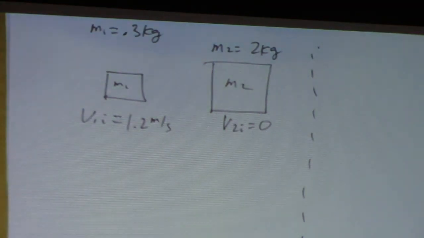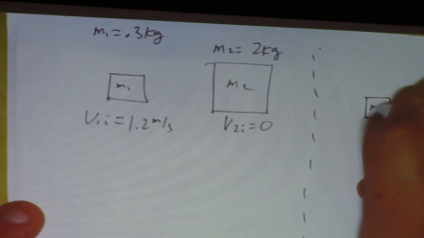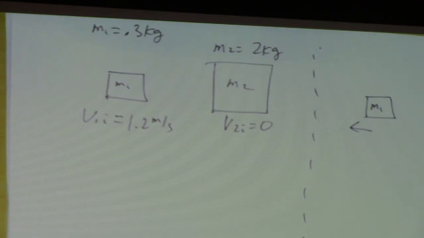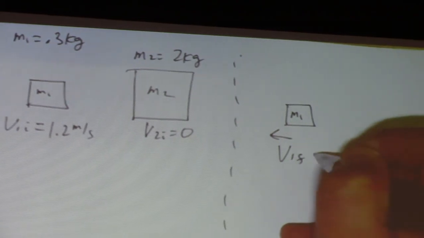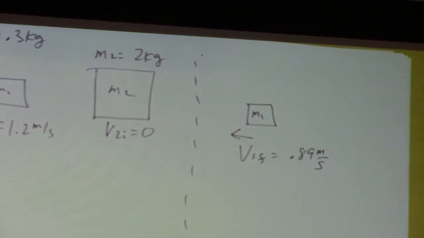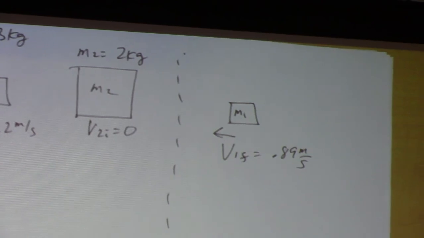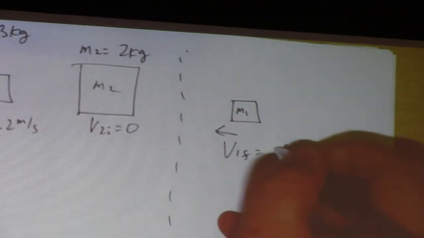So this is initially what's going on. That's before the collision. Now after the collision, mass 1 heads back the other way, and its speed is 0.89. So I'm going to put V1 final, 0.89. Now it's heading back the other direction, so you have to know that that's negative, right? Momentum is a vector quantity. If I'm saying to the right is positive, then back to the left has to be negative.